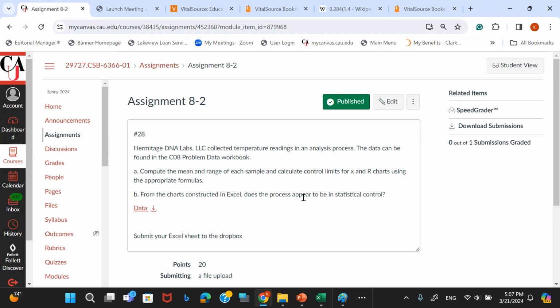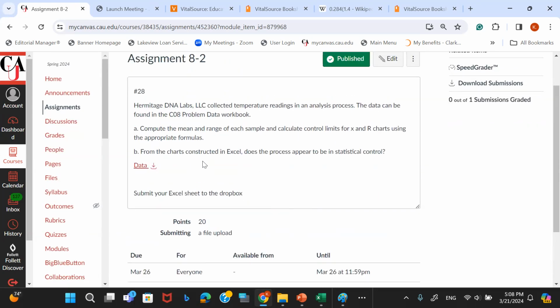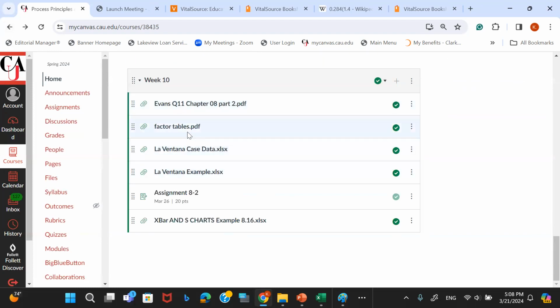And then, does the data appear to be in statistical control? You need to answer this question. But there are no Cp and Cpk calculations. I should have put some Cp and Cpk calculations.